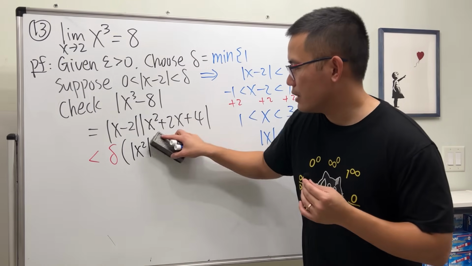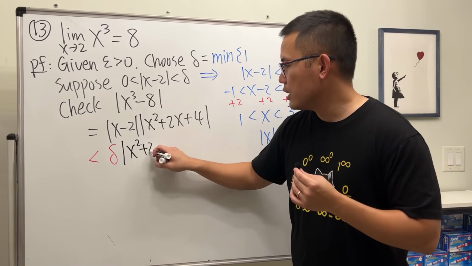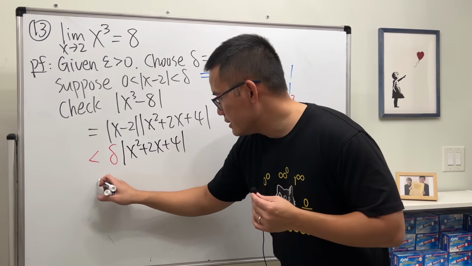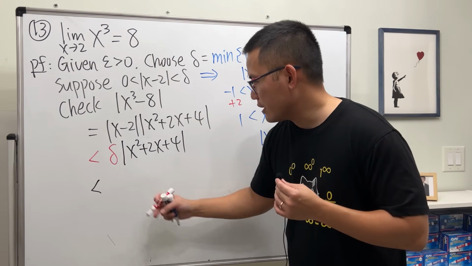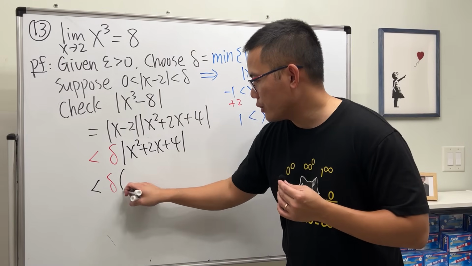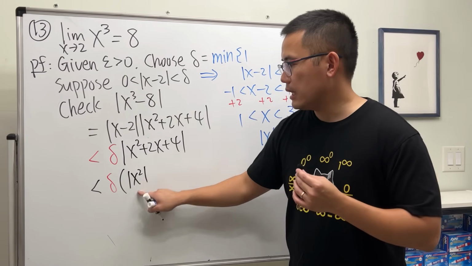Actually, let me just write down one more line to make it more clear. Absolute value of x squared plus 2x plus 4, right? And then this time, this is less than, I still have the delta here, but I will break it down by the triangle inequality. Absolute value of the first, yeah?